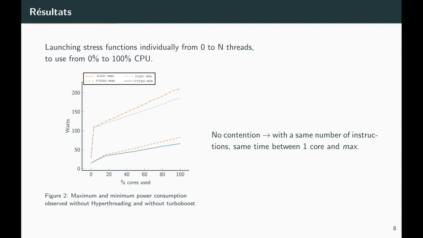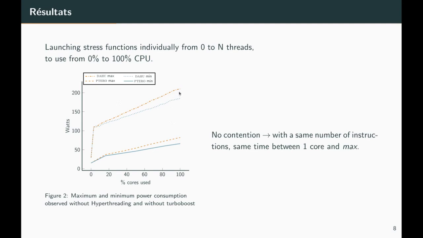And we take our servers, we generate different loads going from no core activated, so the server is basically sleeping, to all the cores activated, so the server is running at full speed and full activity. Here, the two curves on the bottom are the energy consumption we observe with the small server, and the curves above are the ones we observe on the big server.